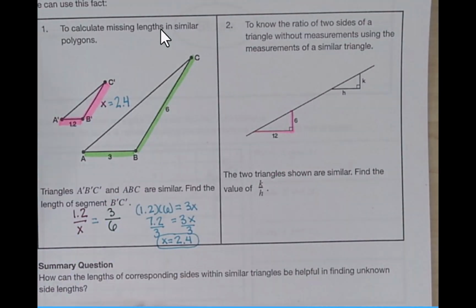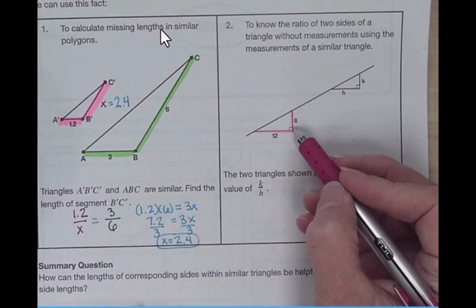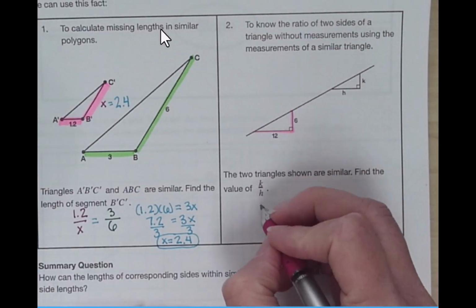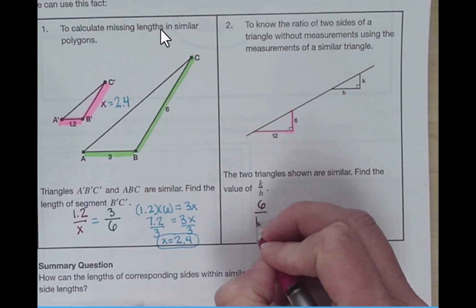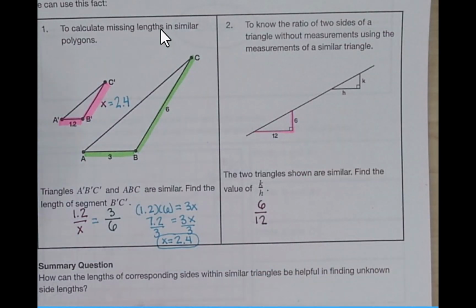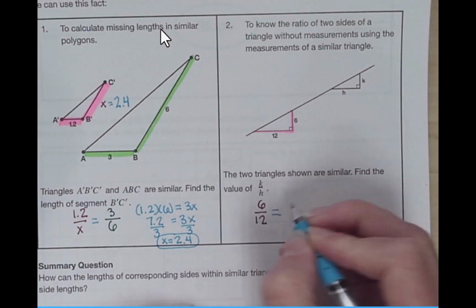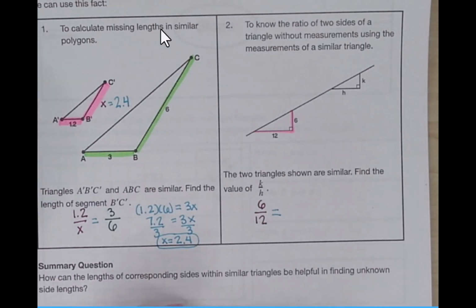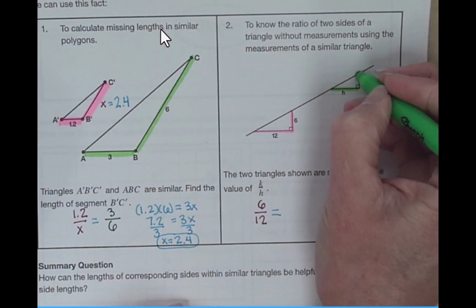You can go ahead and just write it down now. I'm going to do 6 divided by 12. It really doesn't matter which number you put on top, as long as you're consistent when you go to the other triangle. I'll show you what I mean. All right, so I have these two sides. I just have to be careful.